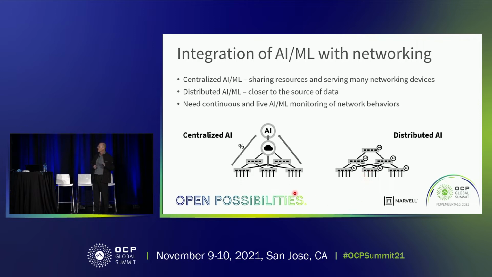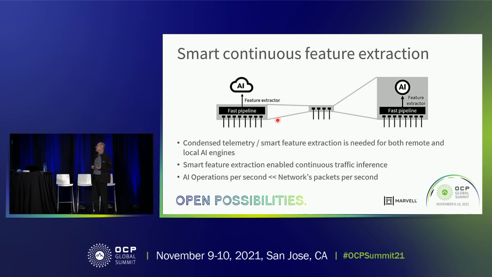So the general challenge in AI for networking is how to really monitor big networks with very high packets per second. The way we think this should be done is by embedding smart feature extractors in the fast pipeline to provide the AI engine condensed important features that the network can provide, not every packet, but every group of packets.